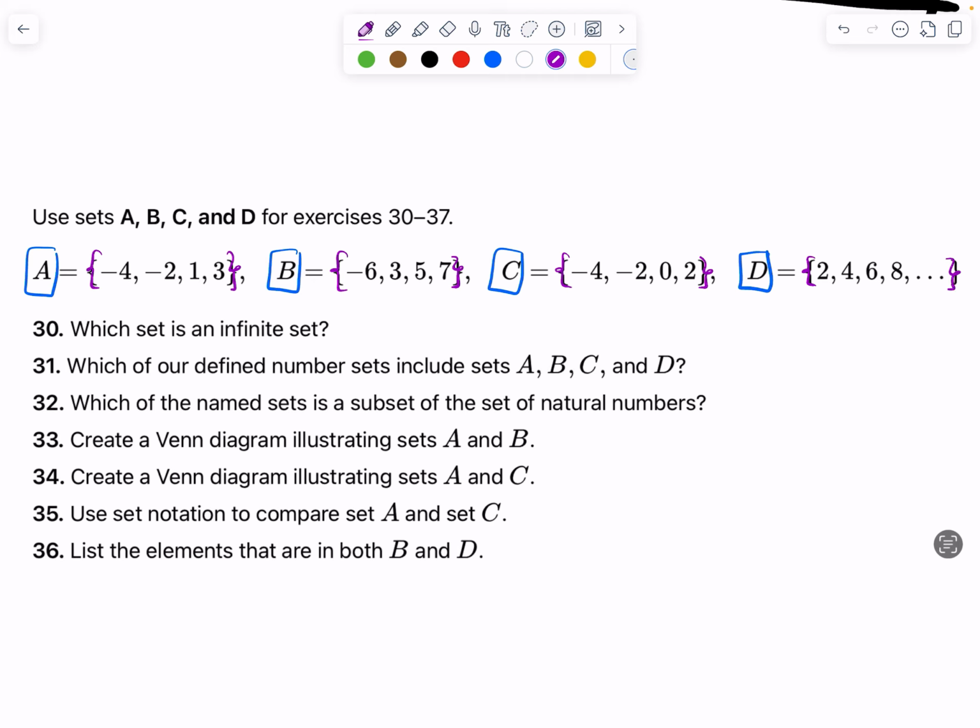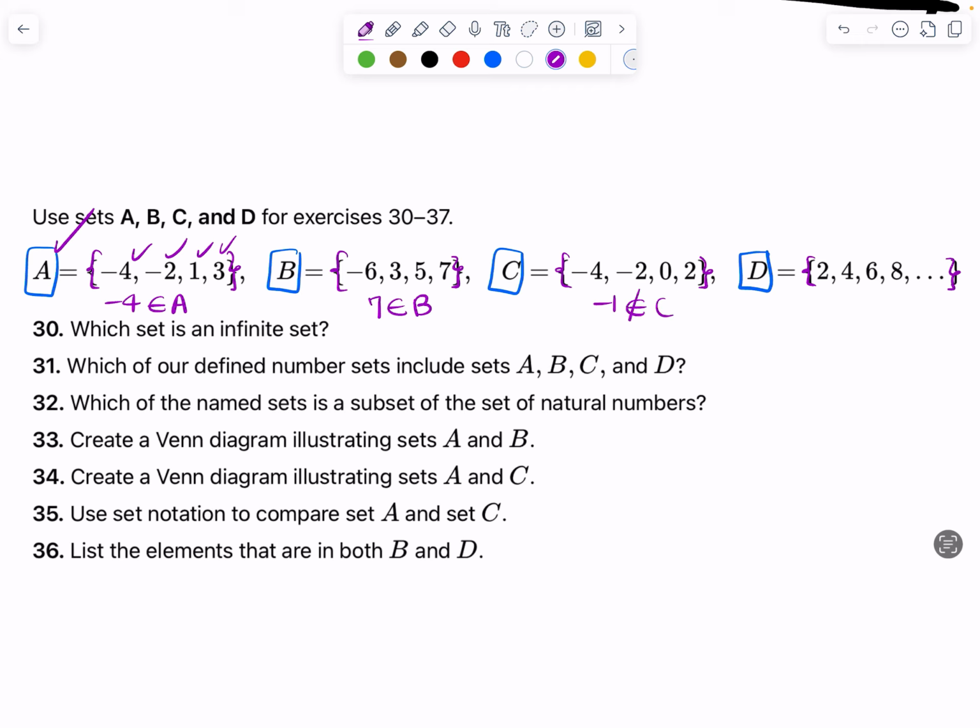Set A has 4 elements: -4, -2, 1, and 3. So you can simply say -4 is an element of A. I'm just grabbing random numbers. 7 is an element of set A, and -1 is not an element of set C.